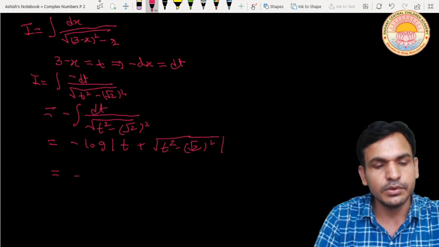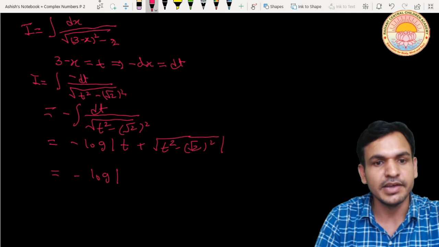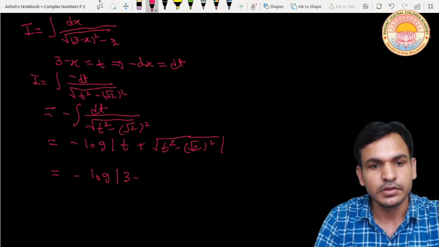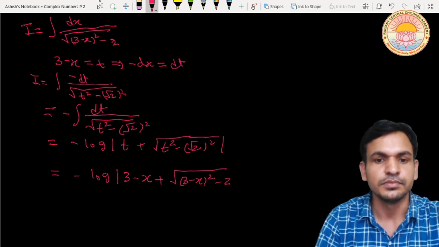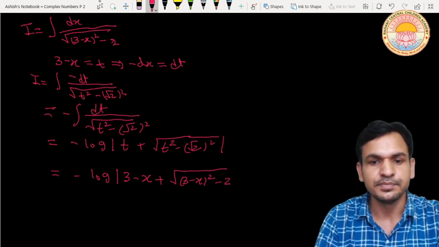and this will be equal to minus log, now we will put back the value of t is equal to 3 minus x. So we will get 3 minus x plus square root of (3 minus x) whole square minus square root of 2 square, which is 2, and you can simplify this.